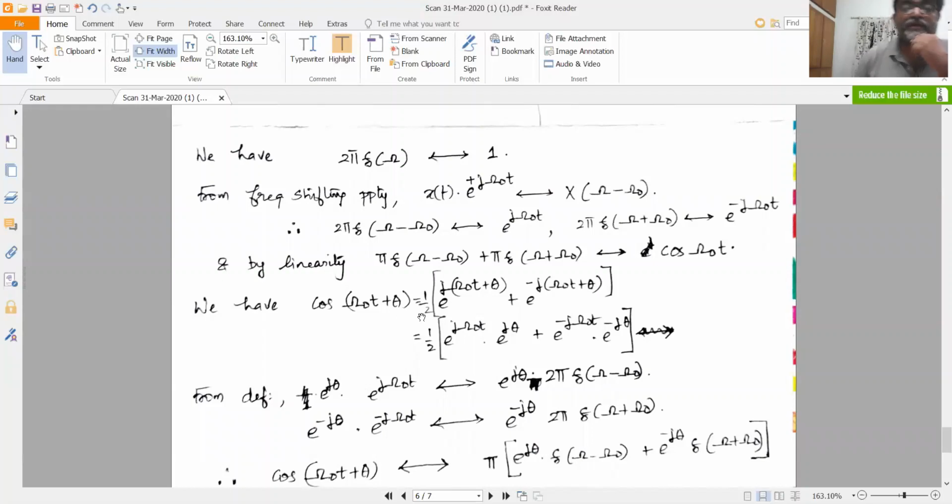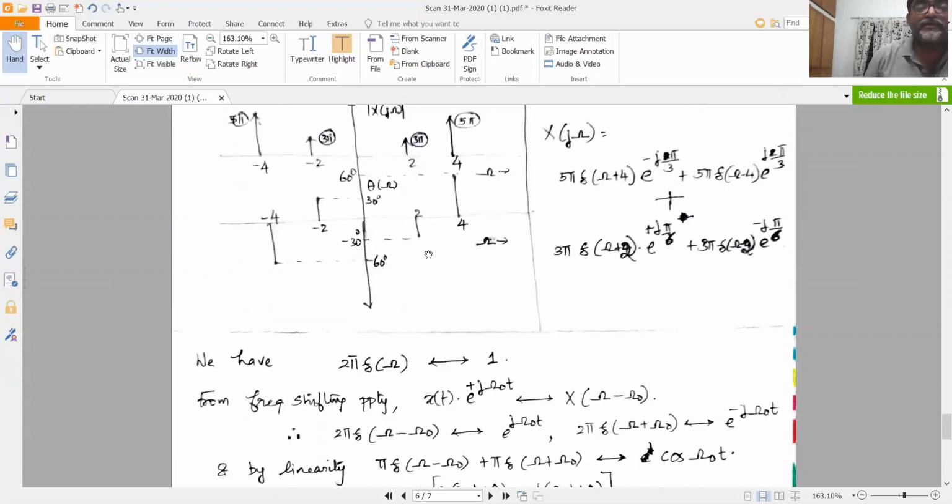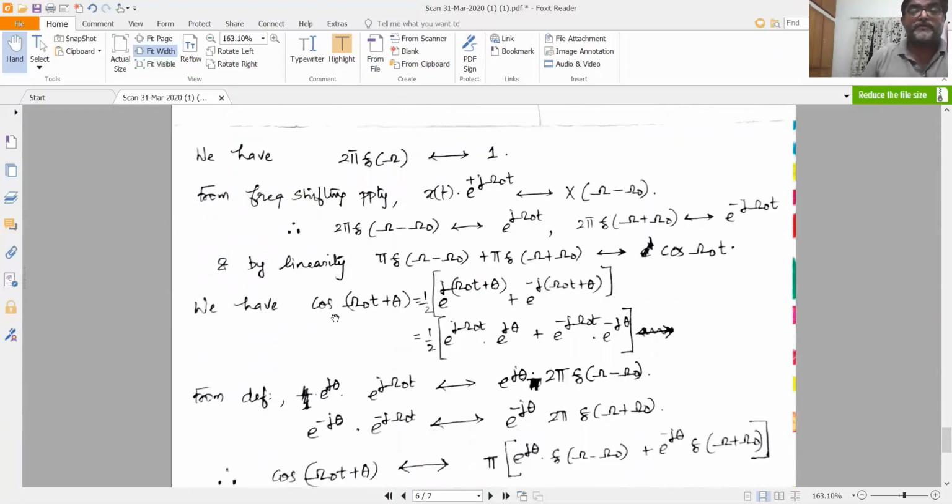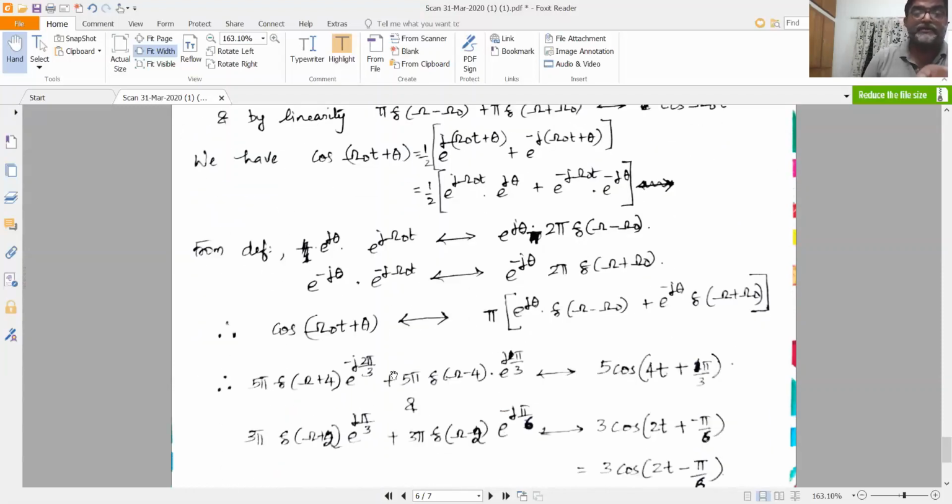Now cos omega naught t plus theta. I will expand this here because I also have these phase angles to be accounted for. So cos omega naught t plus theta is equal to half of e raised to j omega naught t plus theta plus e raised to minus j omega naught t plus theta, which I will expand as half into e raised to j omega naught t into e raised to j theta plus e raised to minus j omega naught t into e raised to minus j theta.